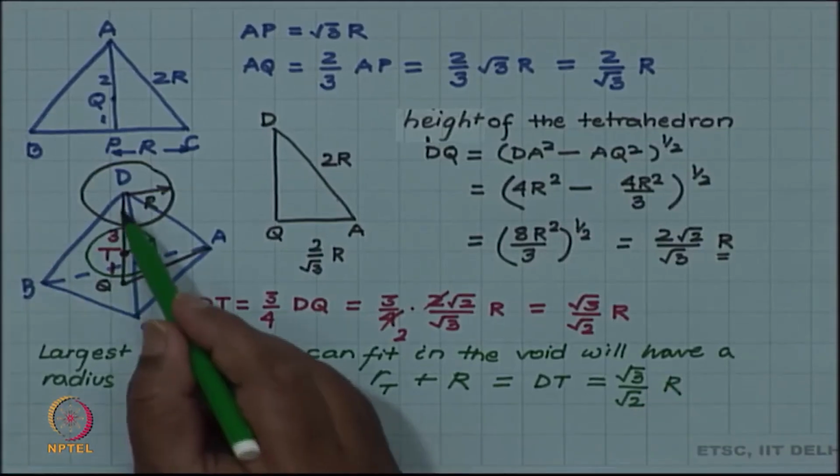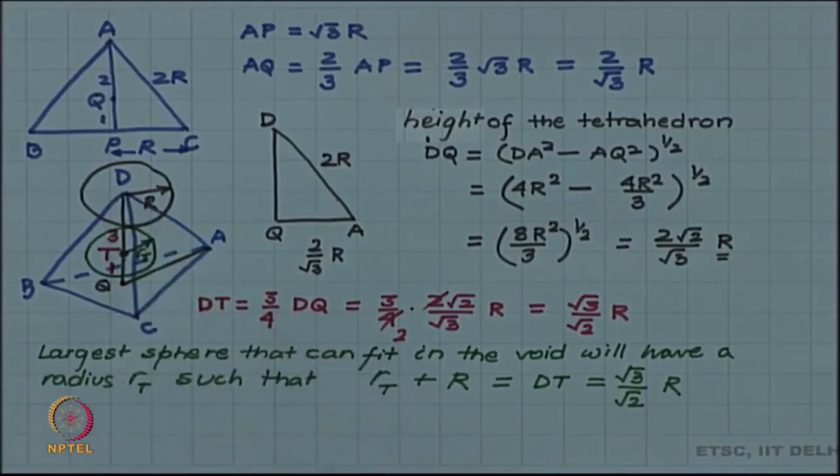This is because along the line DT, the two spheres should touch.